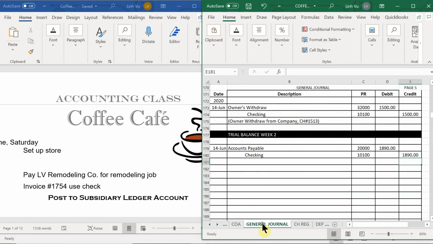Okay. So then what's my description going to be? LV Remodeling invoice 1754, check number 1514. Good. Excellent.